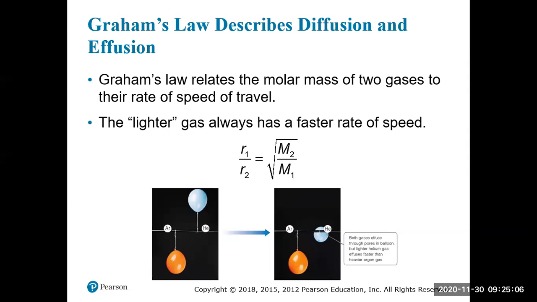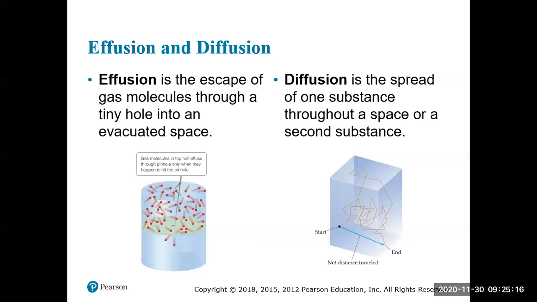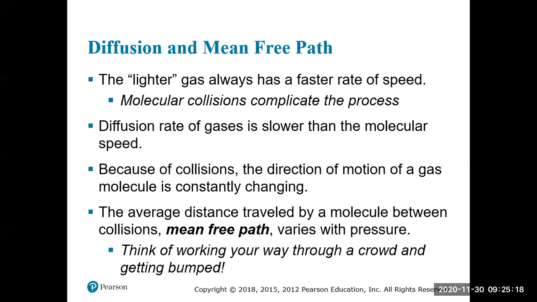And so we have an equation of R1 over R2 equals the square root of M2 over M1. As we said, a lighter gas always has a faster rate of speed.